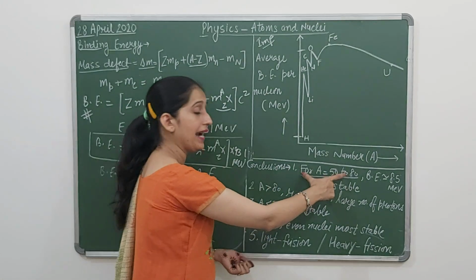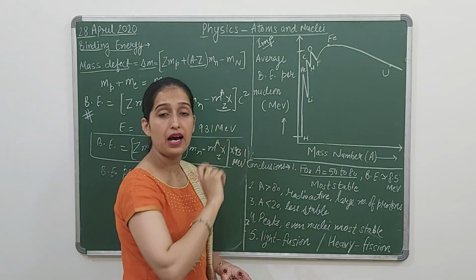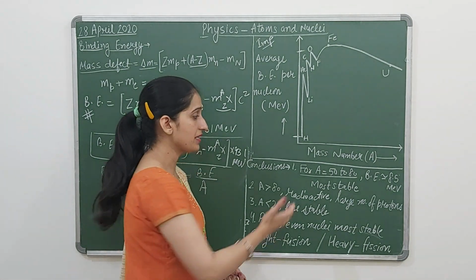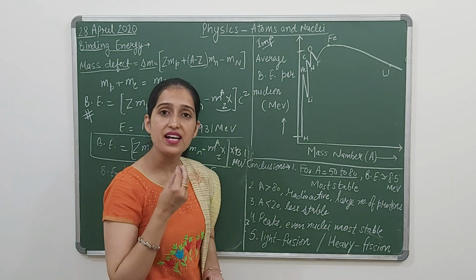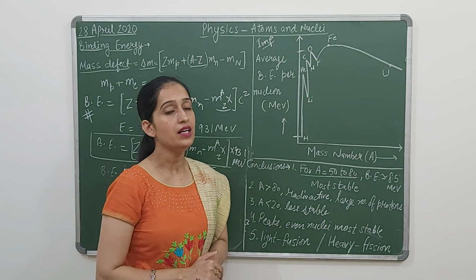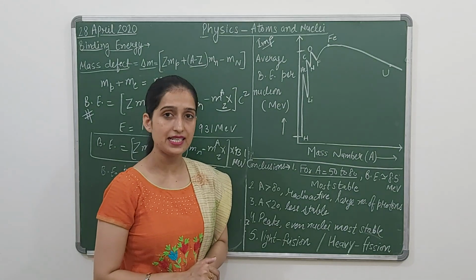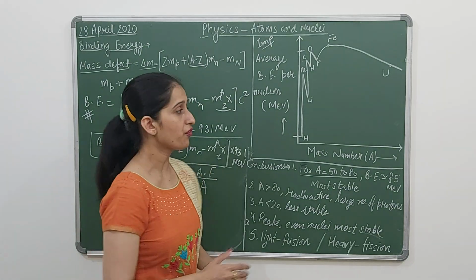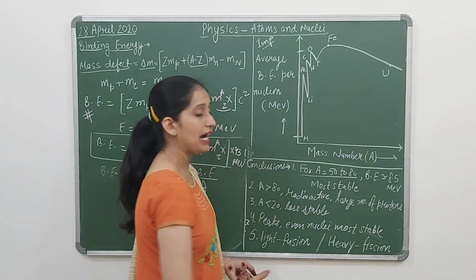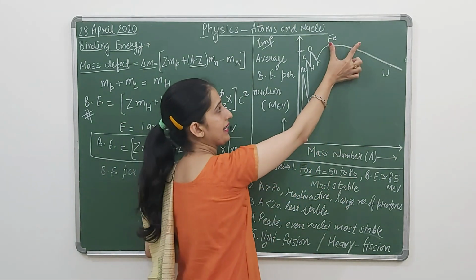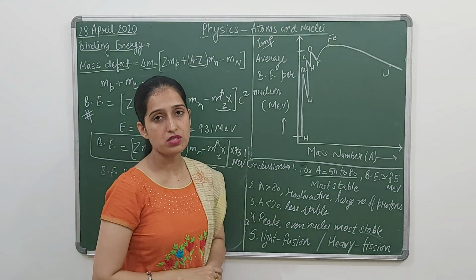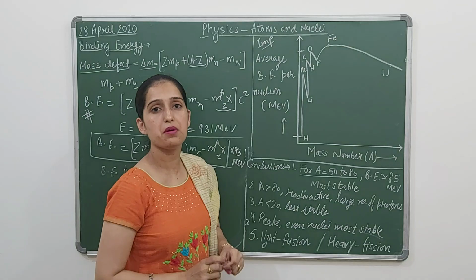So for these atoms we need to supply more energy to separate the nucleons. That means they are most stable. If we supply a little energy and nucleons get separated, that means their stability is less. So from the graph it's clear, for mass number lying between 50 to 80, these atoms are most stable because they have maximum energy.